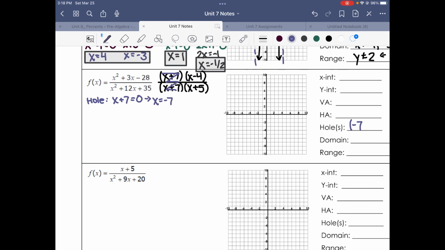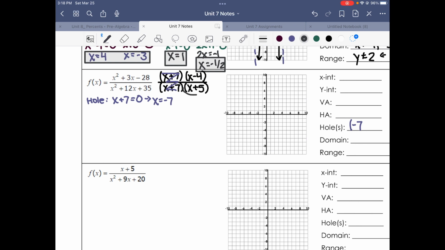We need the y part of the point too. And whenever you have the x part of a point and you need the y part, you simply plug the x in. The only thing is you can only plug it into the equation that remains.